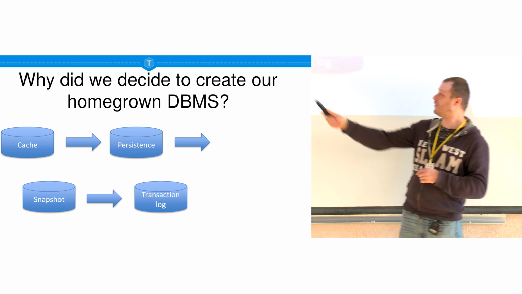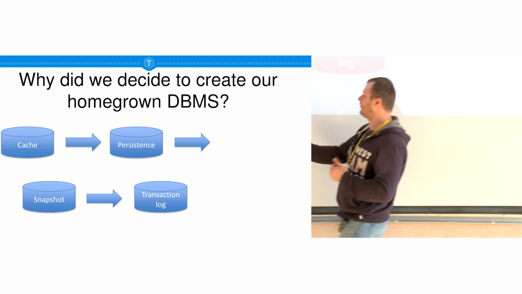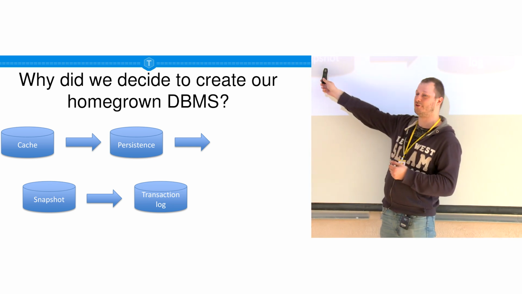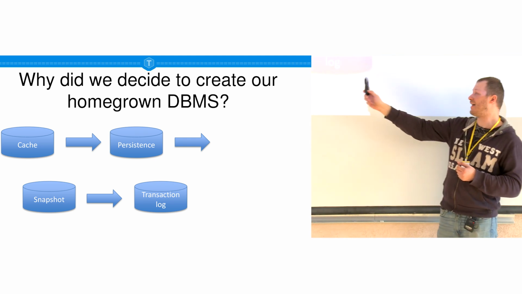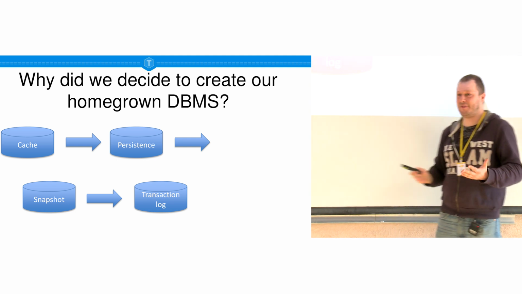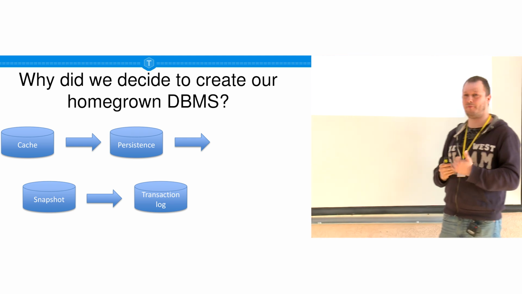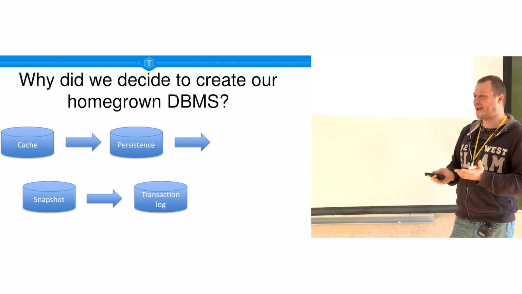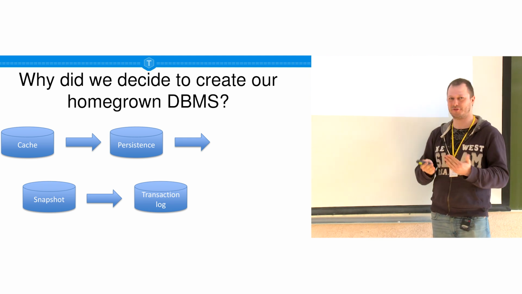So when your database reboots, it reads all the data from the snapshot, then reads the log, and applies all the transactions to memory. Then it is up and running, like it was before the power outage. You can restore the state of your database totally.